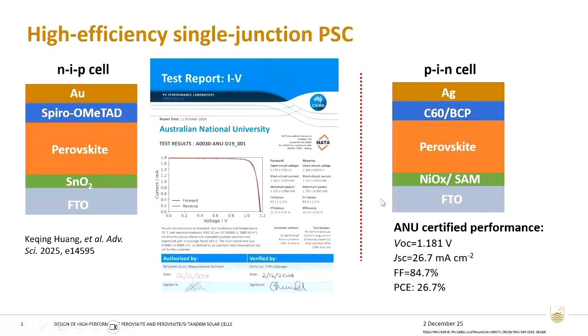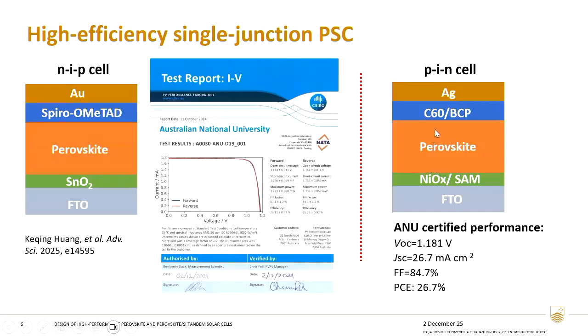Of course, the PIN cell structure has also achieved high performance, but the cell structure is different, and the materials used are also quite different. As you can see, we start from the hole transport material, using either a pure self-assembling molecule, SAM, or a bilayer of nickel oxide and SAM as the HTL, and on top of it is the perovskite.